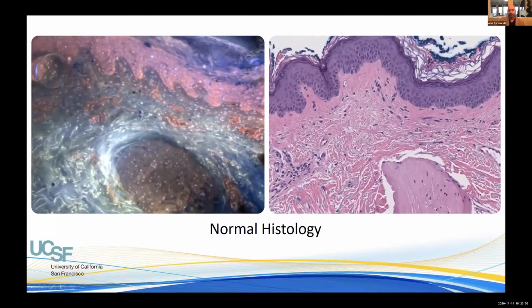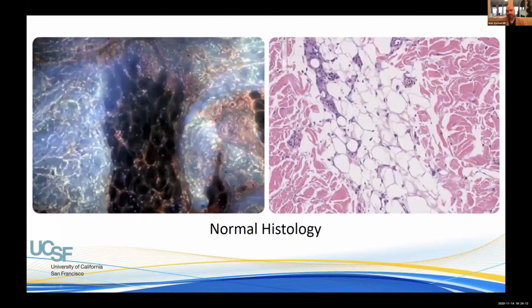So the actual images were very, very similar, even for a person who doesn't have any experience with Muse microscopy. If a pathologist sees this and knows about the difference in color, they can understand. For example, here is the adipose tissue, subcutaneous tissue.